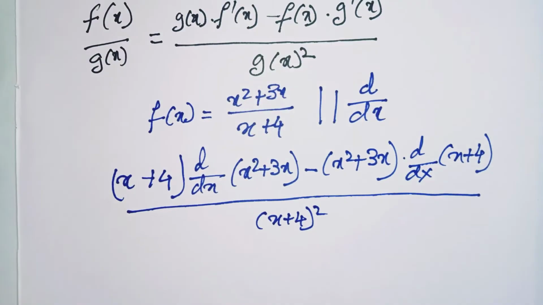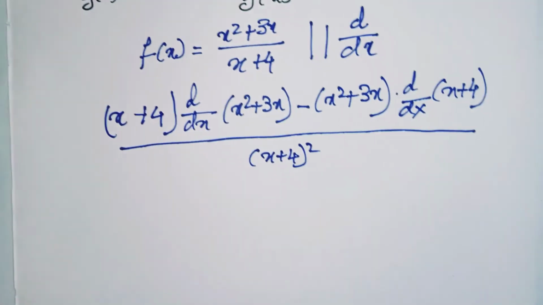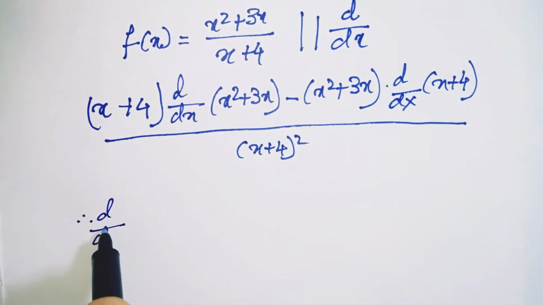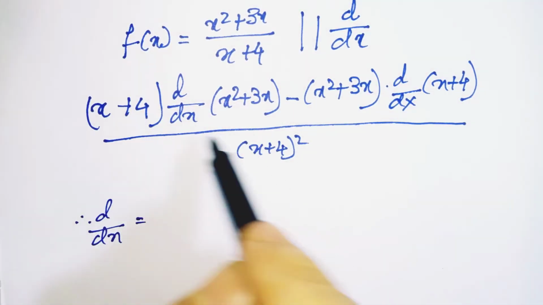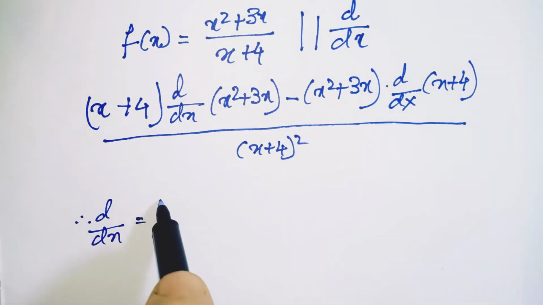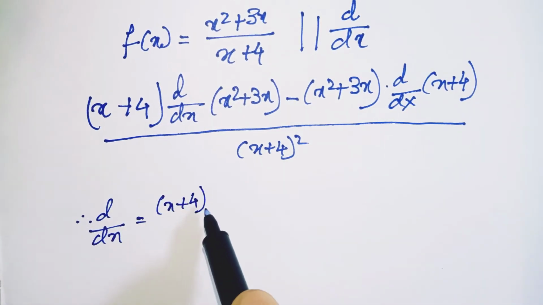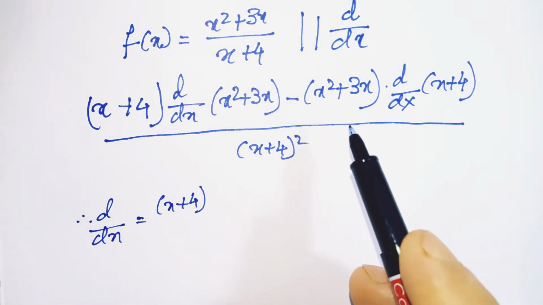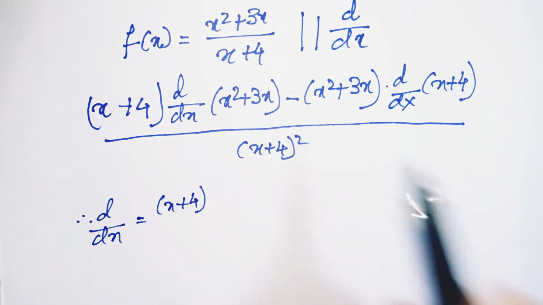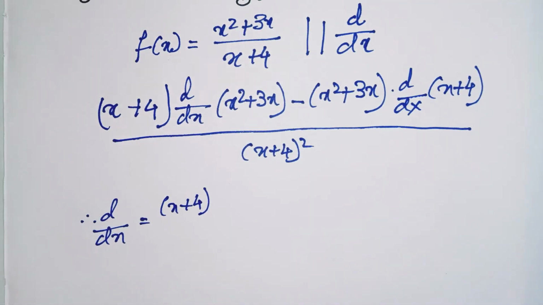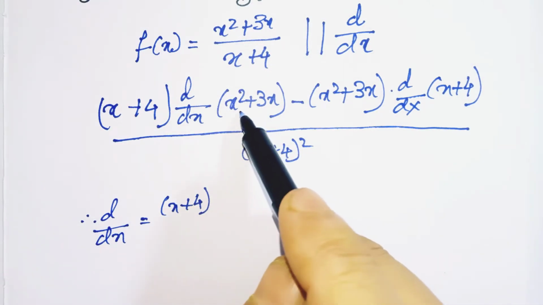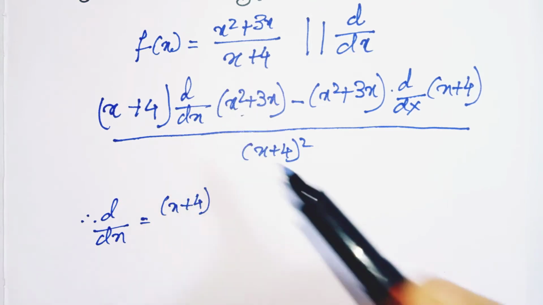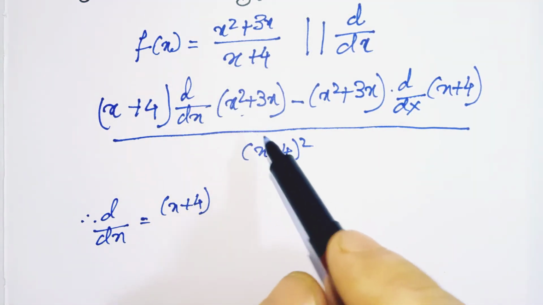So what we are doing is solving out for the d by dx. I hope it is visible. Therefore d by dx equals, I'm just solving this out. I can write x plus 4, and then this part. We will differentiate this term, x squared plus 3x, as we have learned. I'm not showing this because you have already done this.